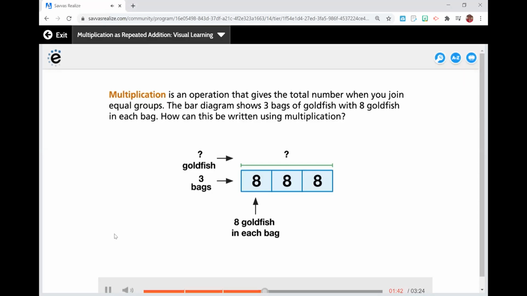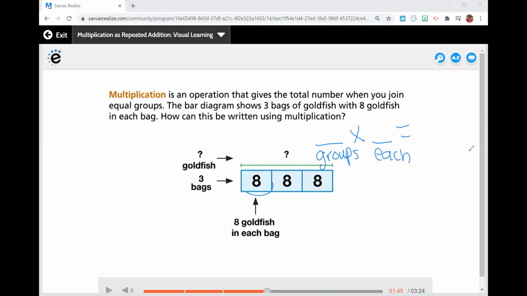How can this be written using multiplication? For multiplication, we write out, kind of like how we practice in problem solving, the groups times how many are in each.